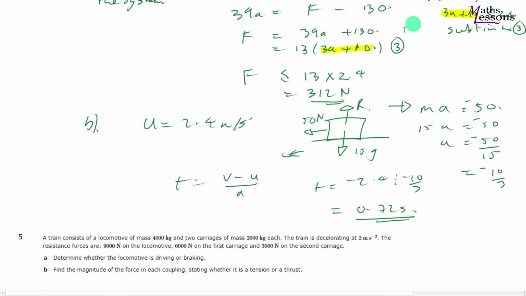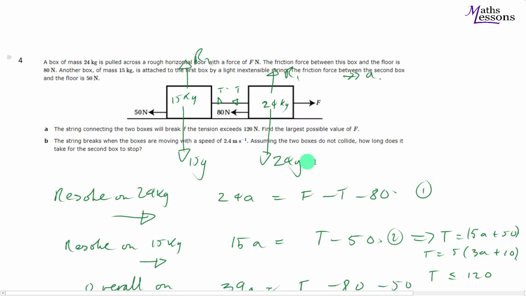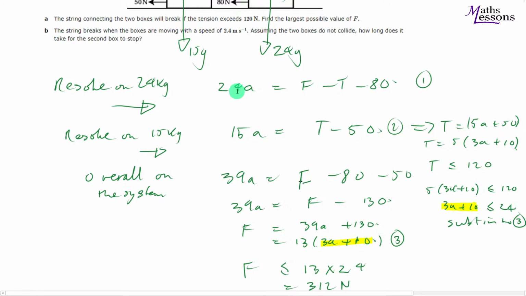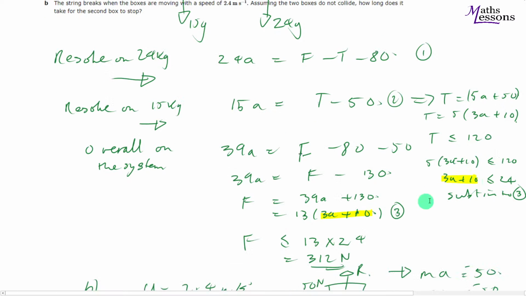So first half, quite a tricky question. Basically, as I said earlier, if you just write out all your equations, you might spot something that will allow you to do it. A tricky little bit of algebra to save you some time. You don't actually have to be able to do this algebra, but it does help. We could have got this in terms of A and then substituted back in.